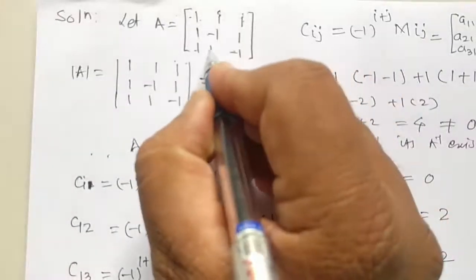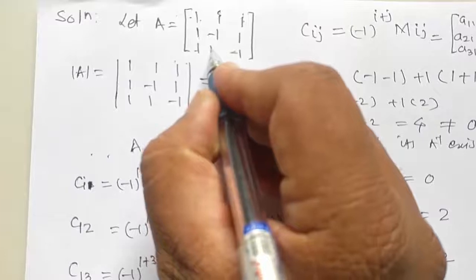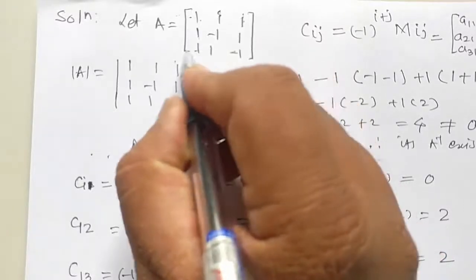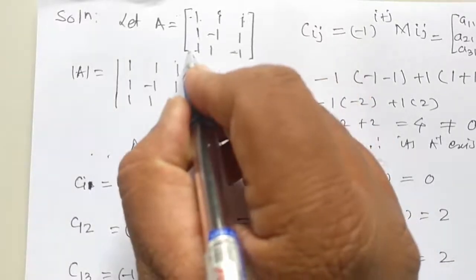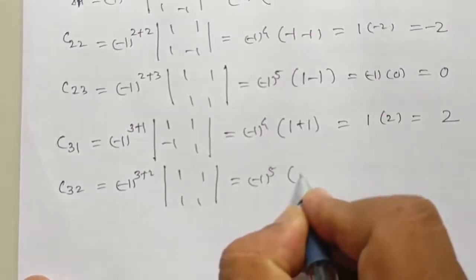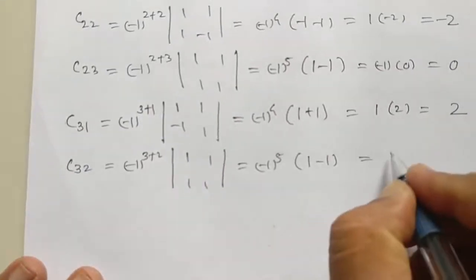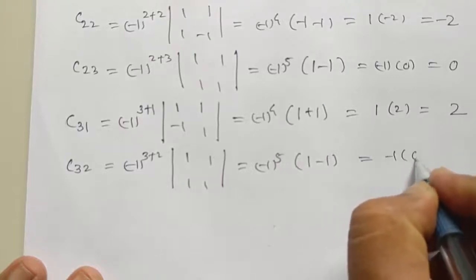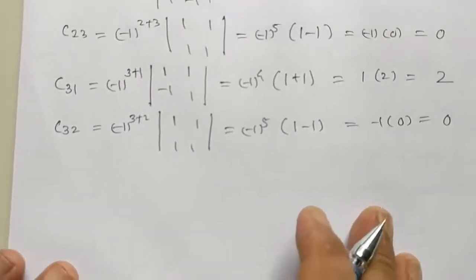Deleting this row and column, we get 1 1, 1 1, equal to minus 1 raised to 5 into (1 minus 1), which is minus 1 into 0, equal to 0.